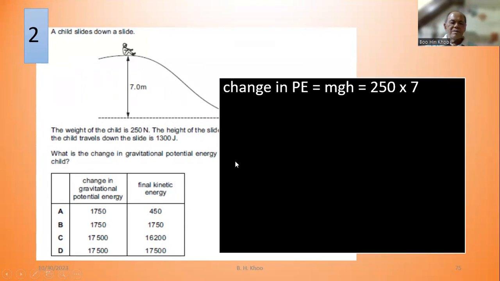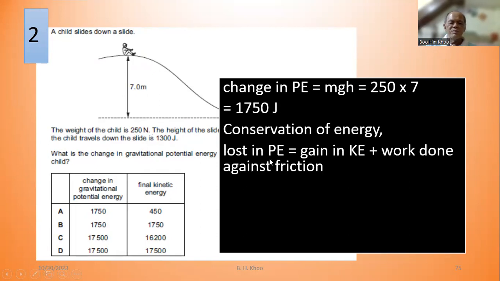Okay. Change in potential energy, basically we are interested in that, the maximum height, that's the ground there. This is mgh. mg is 250 newtons, that's the weight, times your height, 7 meters, is 1,750 joules. Conservation of energy: loss in potential energy is gain in kinetic energy plus work done against friction.